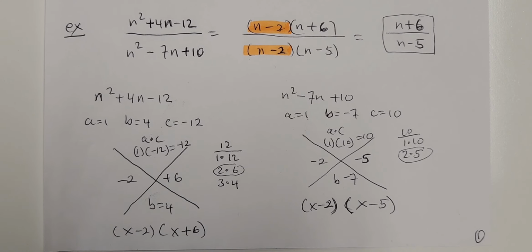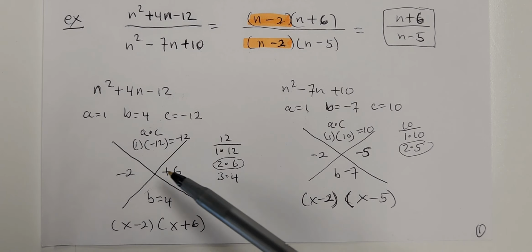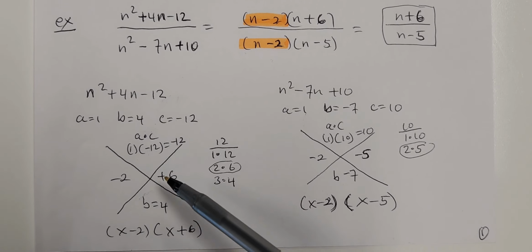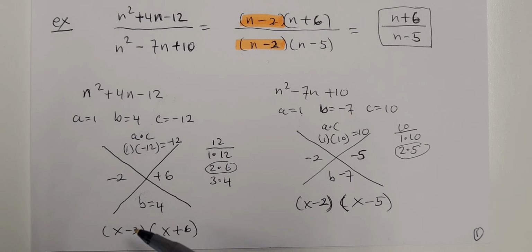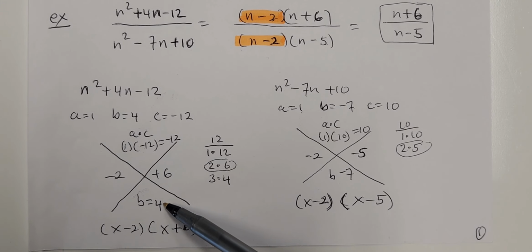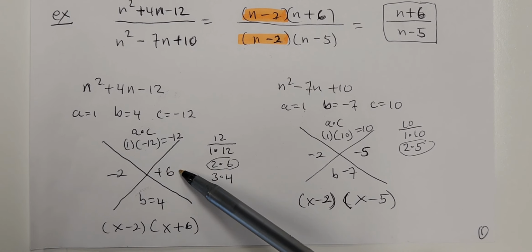Now be careful, we have to know which one is minus and which is positive. 2 will be negative, 6 will be positive, because negative 2 times positive 6 gives me negative 12, and 6 minus 2 gives me positive 4. So be very careful which is negative and which is positive.